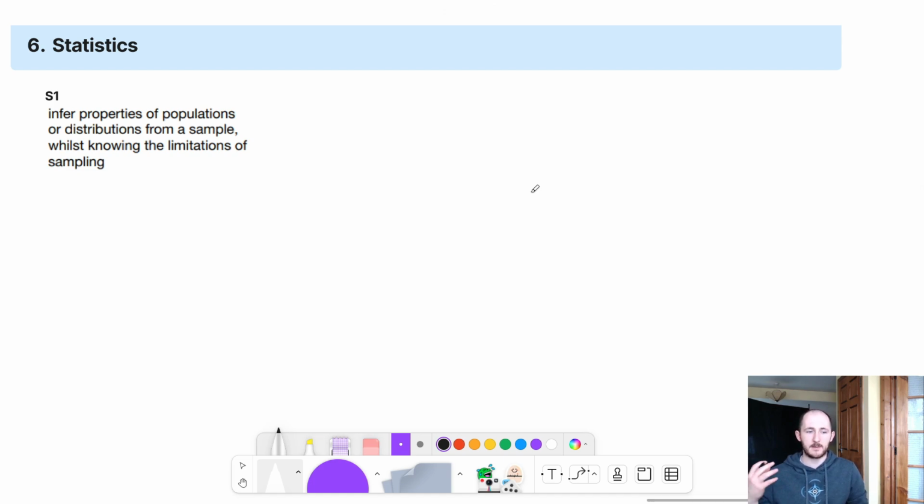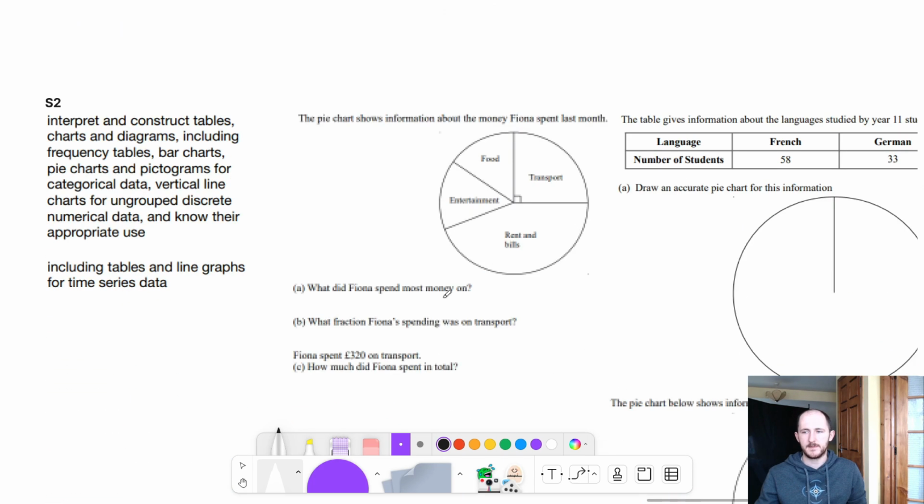Okay, so the idea is that the sample is too small. The best sample is everyone. So whenever you see questions like that, where it's like, what are the limits or how can it be made better? Increase sample size, and the reason is that the sample may not be representative of the population.